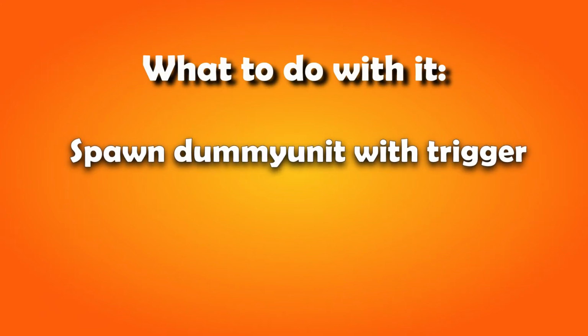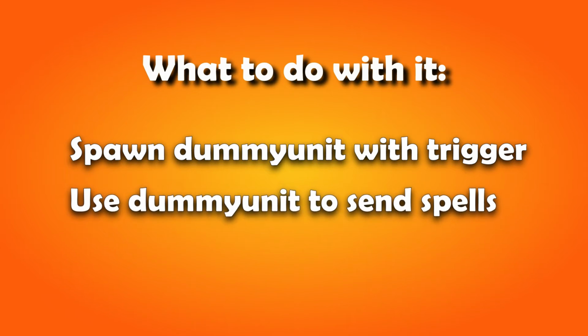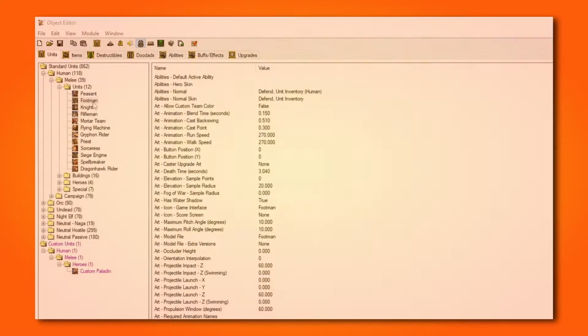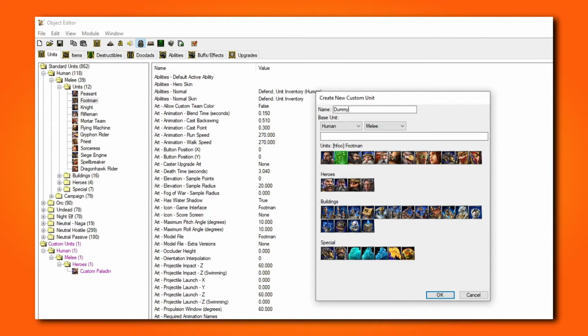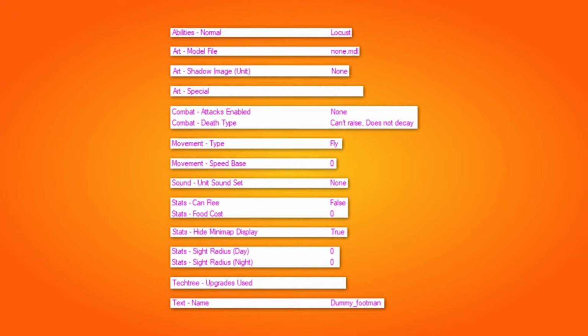Then you use triggers to spawn this unit at the position of where your hero wants to send a spell. And then you use the dummy unit to send spells from that unit or position, spawn effects, etc. To make a copy of a unit into a dummy unit, you need to change these fields. The fields that are blank here just mean that you have to remove anything that is in those fields.